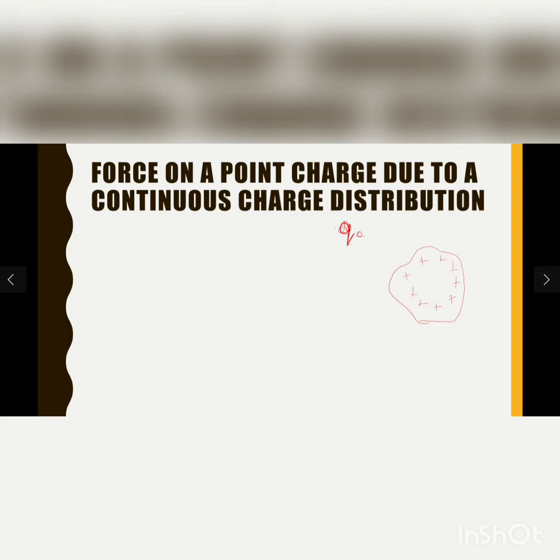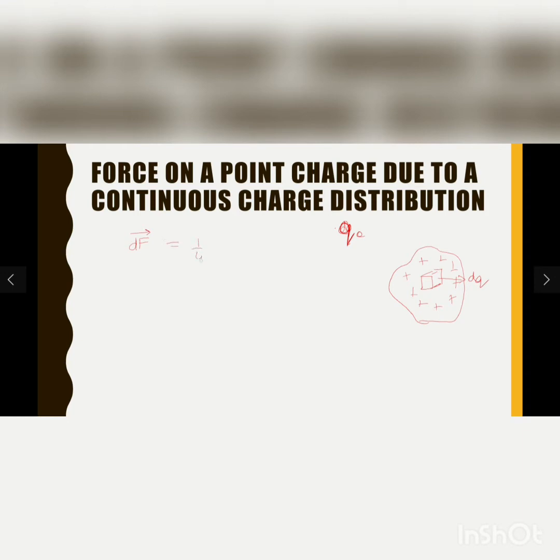So what we do is we consider only a very very small portion of this charged object, which would obviously contain only a small charge dq. We will take the contribution of that small charge dq, which would be a small force dF.